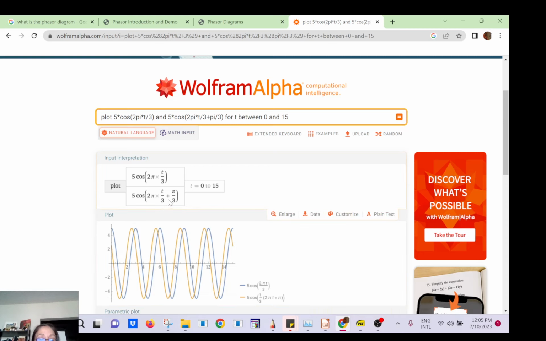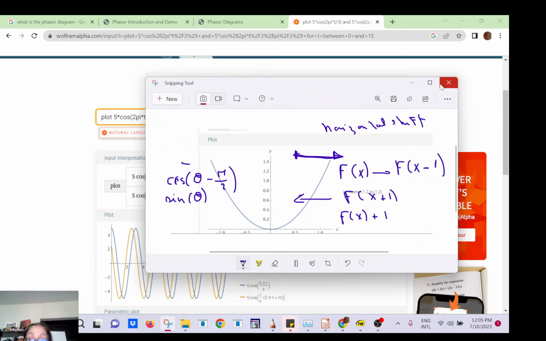Okay, so if you want to find what's the time here, you can do 2 pi over 3, so that will be 1 cycle, so that's going to be 3 seconds. So 2 pi over 3 in 1 second, that's the angular frequency.